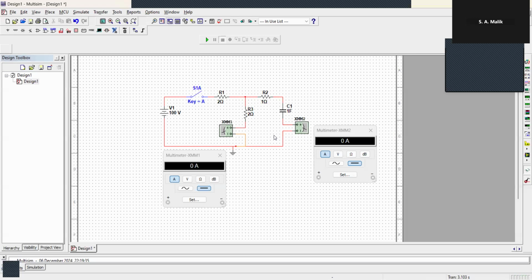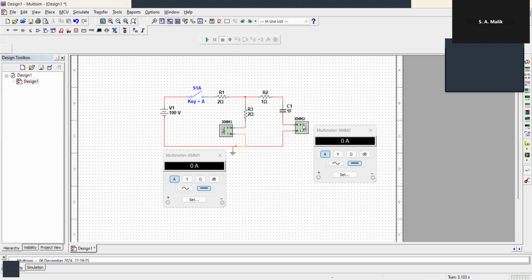Okay. Let's observe this. Also, what will be the initial currents in the capacitor and this R3 resistor now? At t equal to 0, if you do the analysis, the capacitor current comes out to be 25 amperes, and this resistor current comes out to be 12.5 amperes.